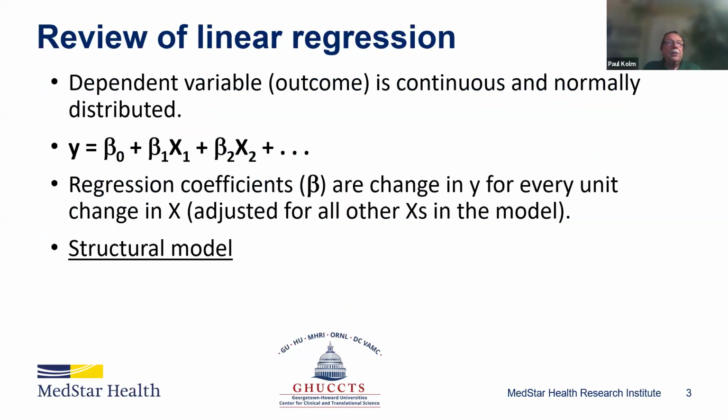The interpretation is that the regression coefficients are the change in y for every unit change in x. If you have a multiple linear regression, then it's adjusted for all other independent variables in the model. And we're going to add to this by talking about a structural model.